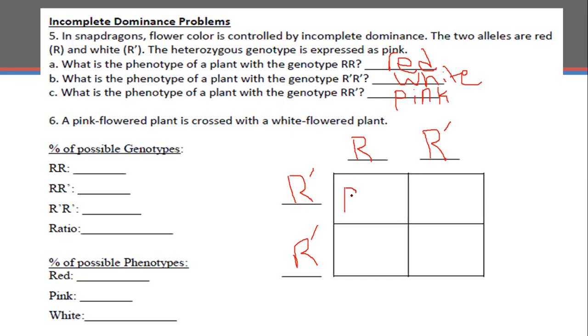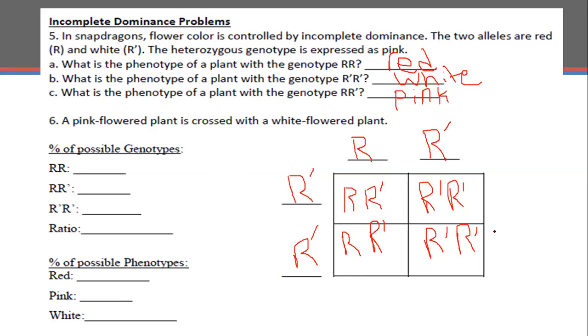Filling in the Punnett square gives R R dash, R R dash, R dash R dash, R dash R dash. Okay, let's see the percentage.